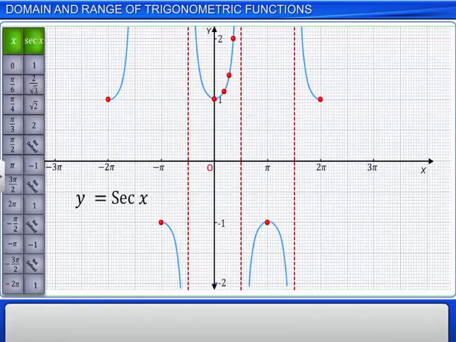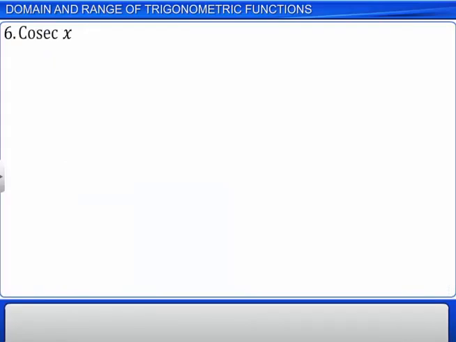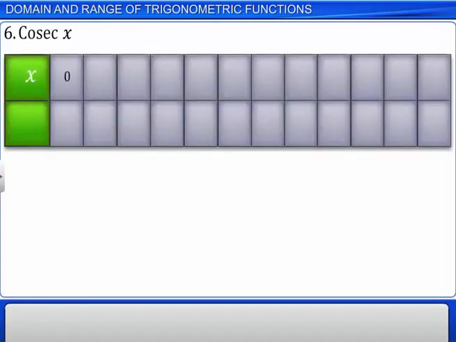Lastly, let us draw the graph of cosecant x. Take the values of x as 0, pi by 6, pi by 4, pi by 3, plus or minus pi by 2, plus or minus pi, plus or minus 3 pi by 2, plus or minus 2 pi.